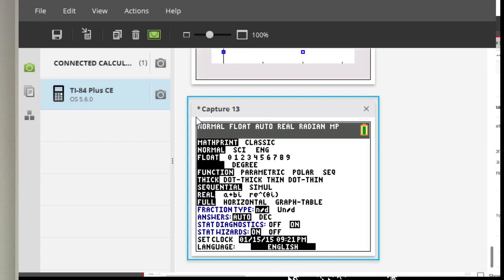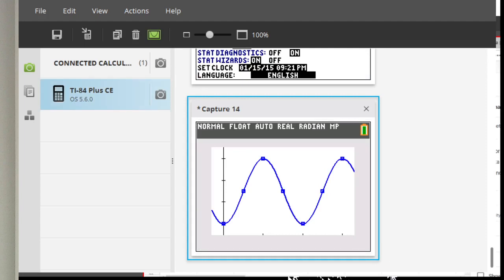So we have to go to our mode and change it. And then when we graph it, we're going to get a much better fit to the data. So remember, the sinusoidal regression on the calculator only uses radian mode. When we fit it and it doesn't look right, check that you are in radian mode, not degree mode.